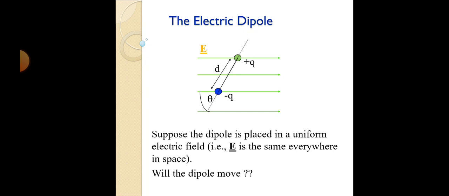What is a uniform electric field? Where the electric field intensity is the same at all points, or we can say everywhere the electric field intensity is equal. So by putting this dipole in a uniform electric field, will the dipole move?